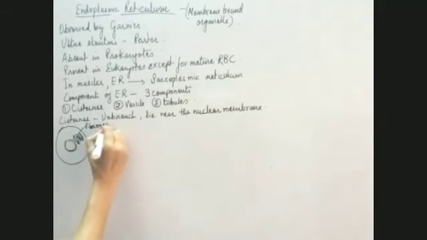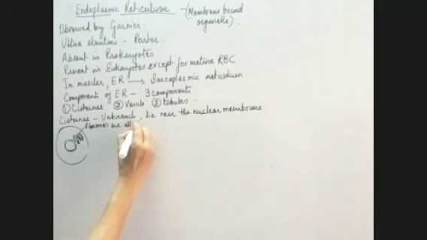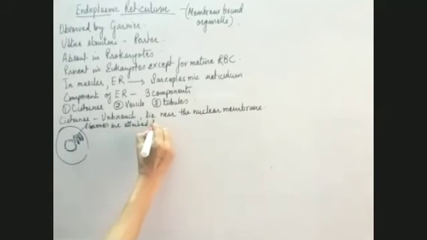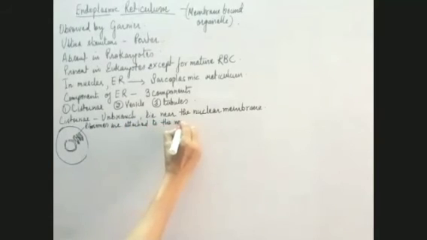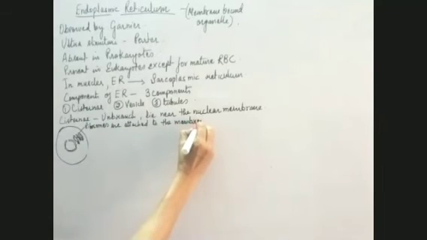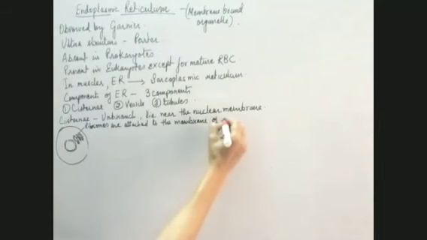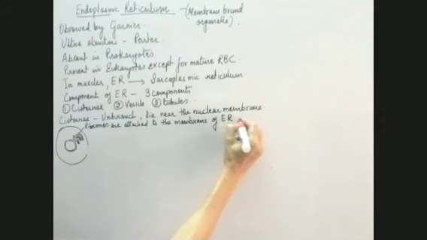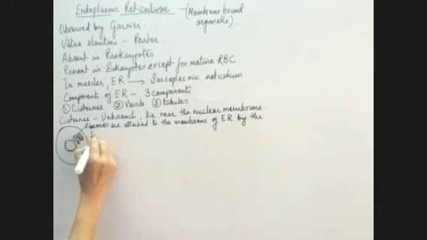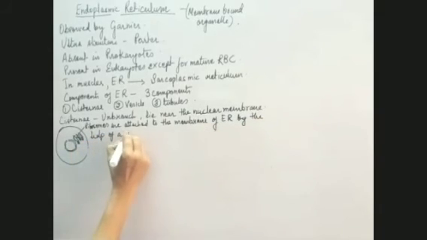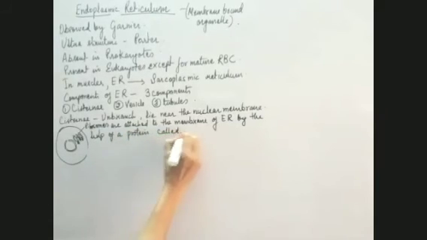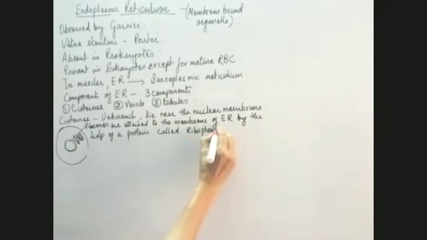So ribosomes are attached to the membrane of endoplasmic reticulum by the help of a protein called riboporin.